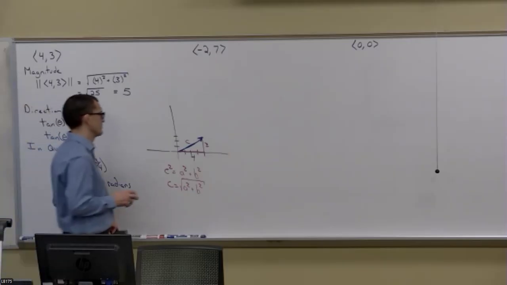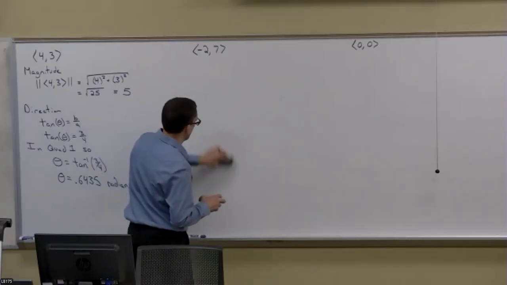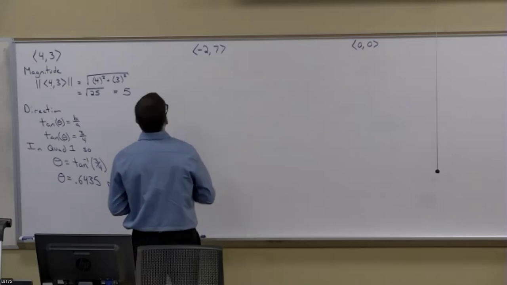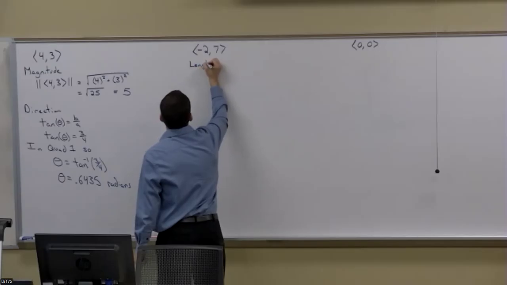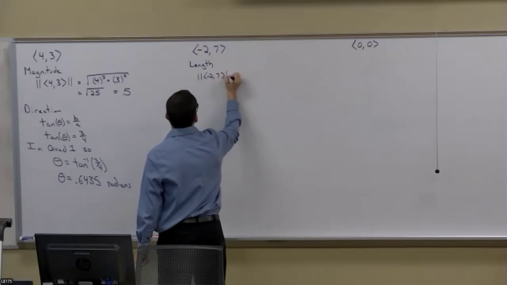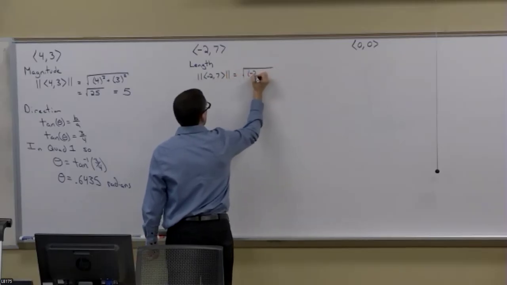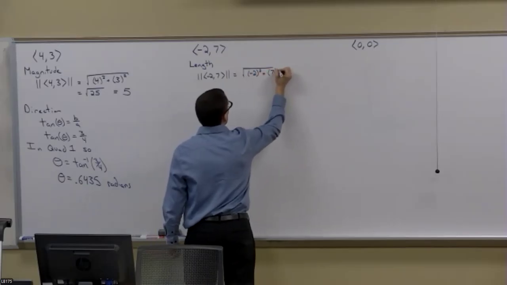So magnitude and direction of a standard position vector. Let's do the magnitude, or the length, of this vector. We'll take the square root of -2 squared plus 7 squared.